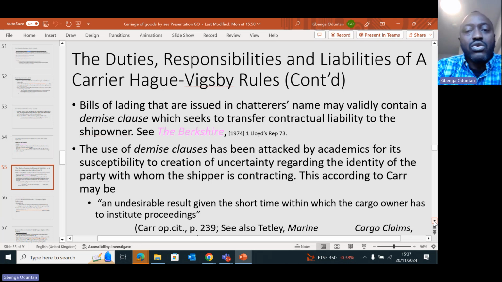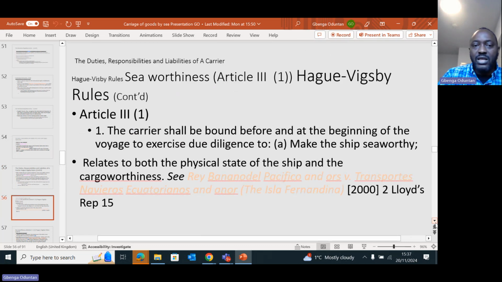The Hague-Visby rules have sections that deal with the rights and duties and liabilities. The bill of lading would also support that. But the more important thing to note is that the rules allow us to be a bit certain about who is to be held liable when certain typical things go wrong.